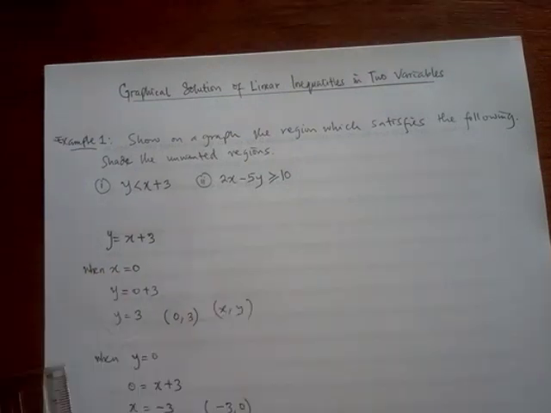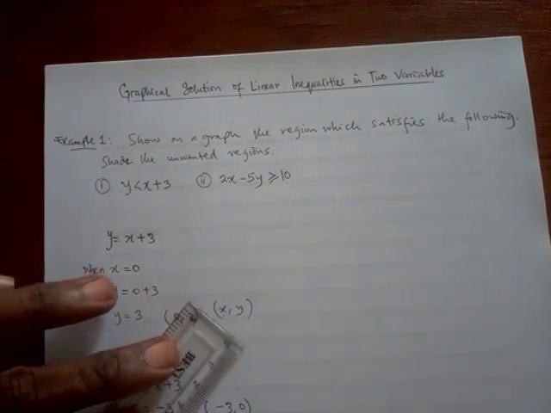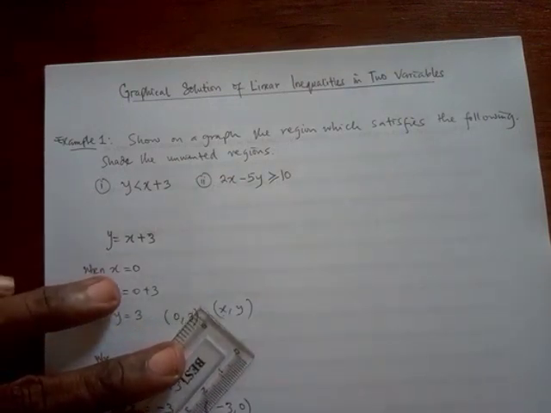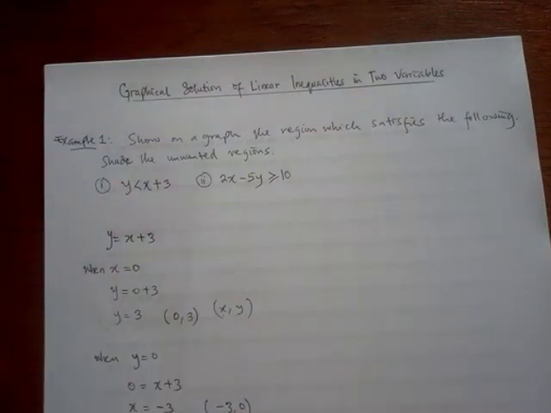Now, to shade properly the region that is required, in this case, we are asked to shade the unwanted regions. So to shade that properly, we need to carry out a test by assuming that x is 0 and y is 0.